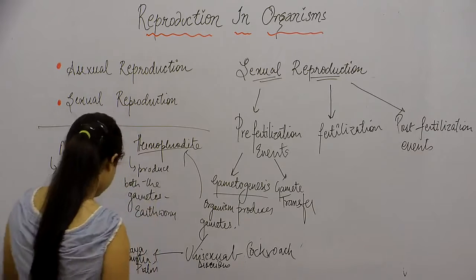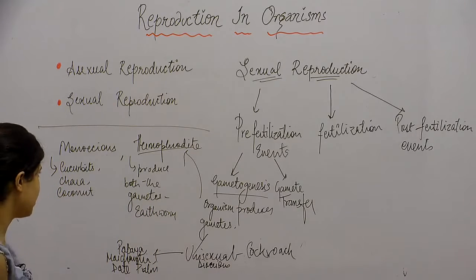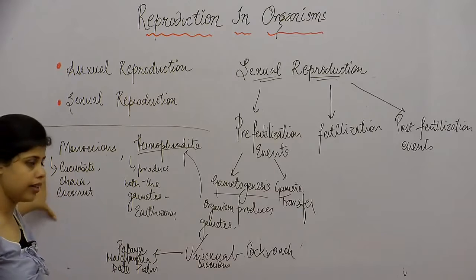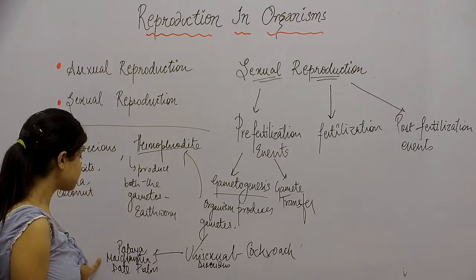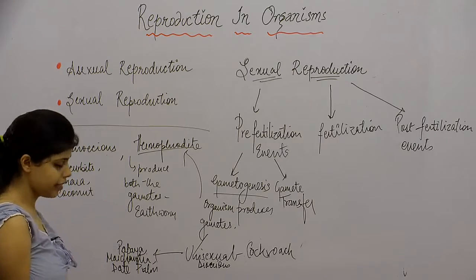Alright. So for monoecious plants we have cucurbits, Chara and coconut, and for the dioecious plants we have papaya, Marchantia and the date palm.